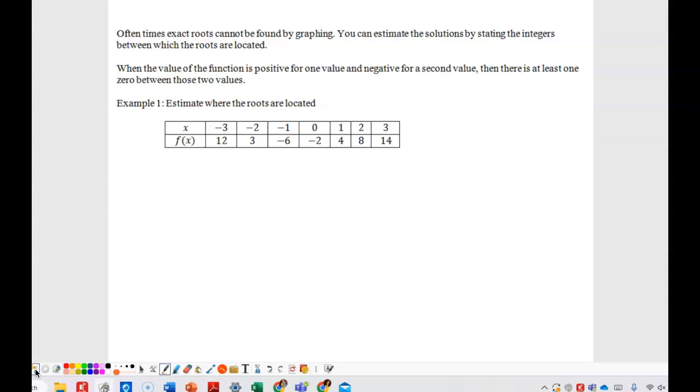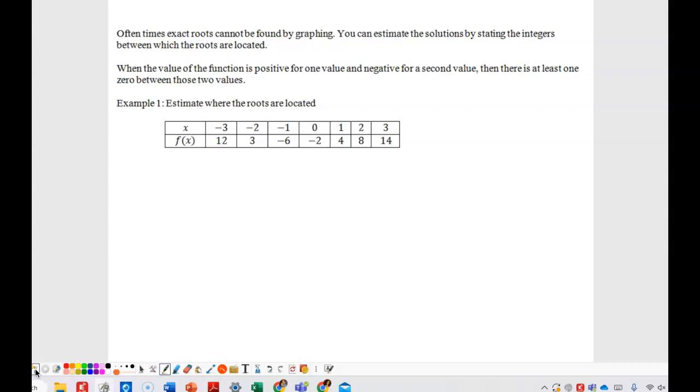So for now, what we're going to do is if in our table or on our graph, we don't see a 0 in the y values, we are going to identify the roots as living between two of the x values.